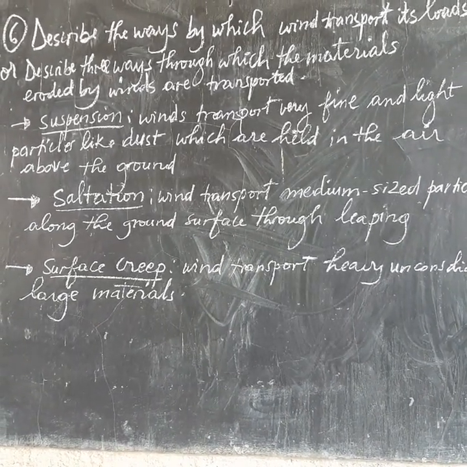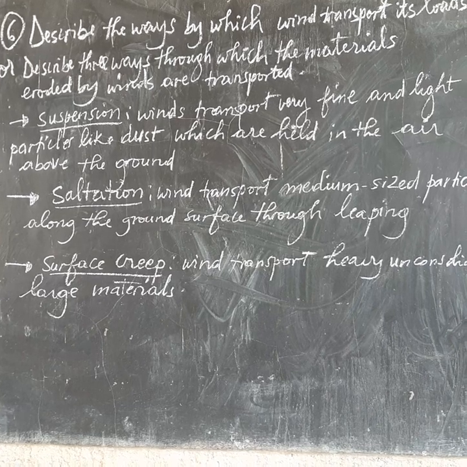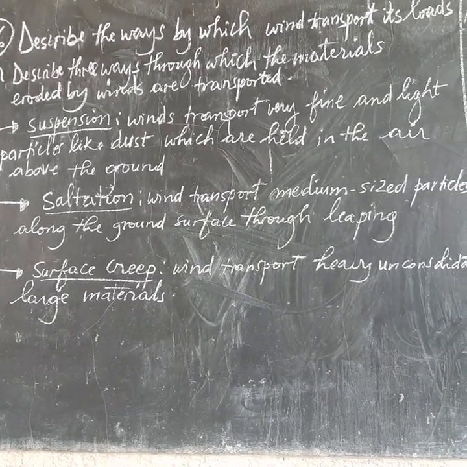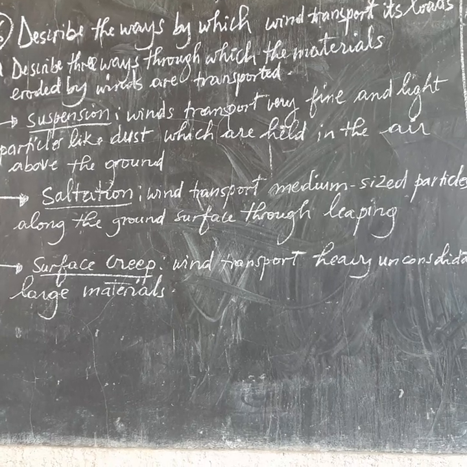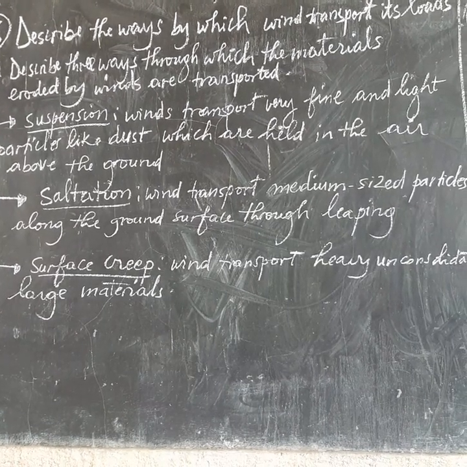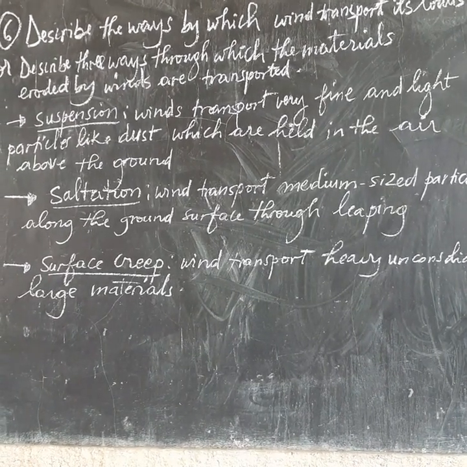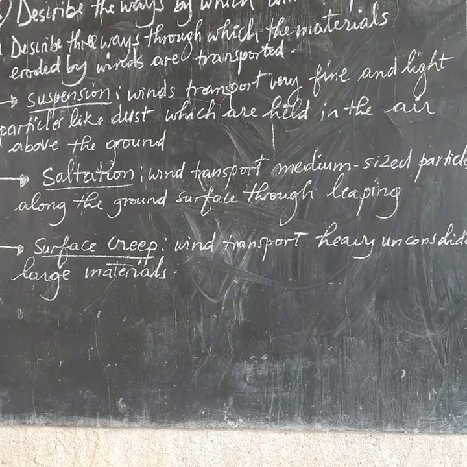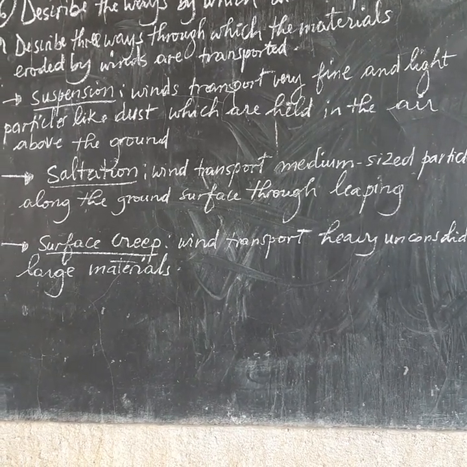We go to the way number 2, which is saltation. About saltation, the wind transports medium-sized particles along the ground surface through hopping. So meaning that here the wind transports medium-sized particles or medium-sized materials.